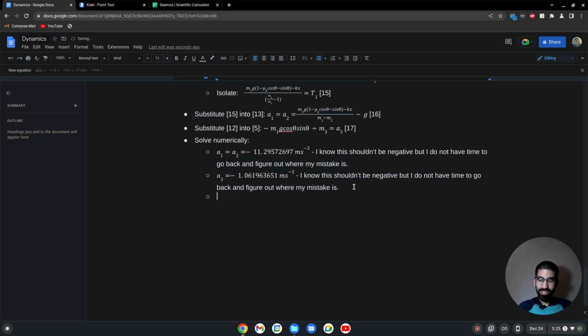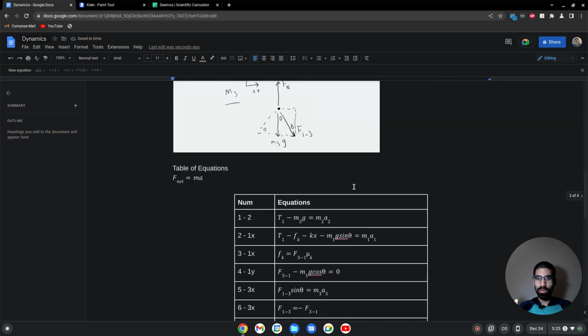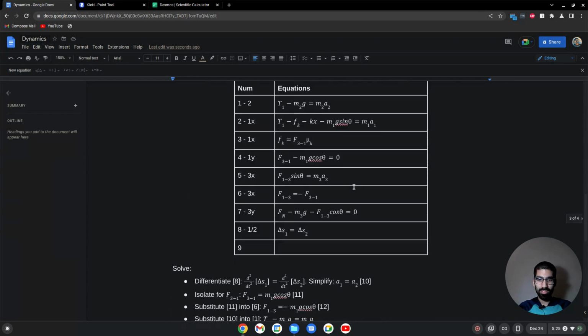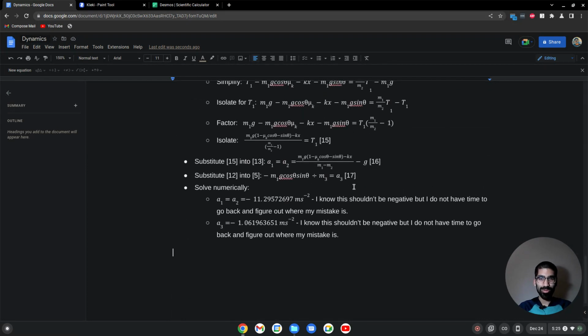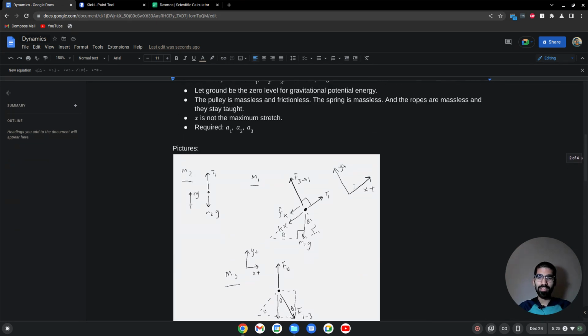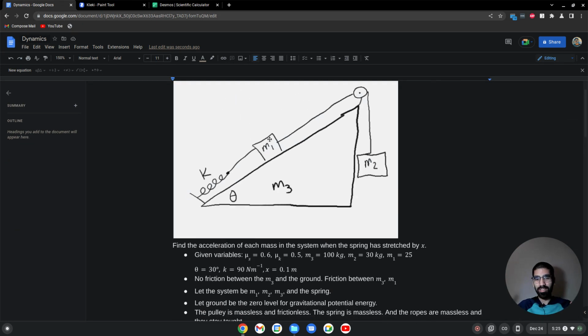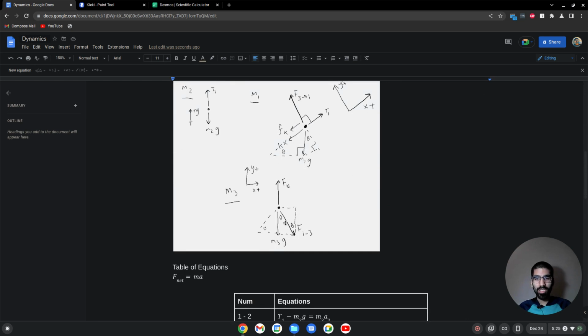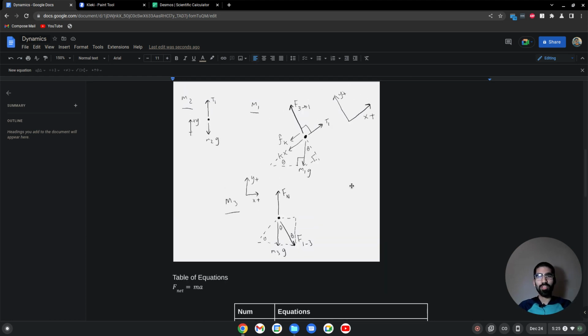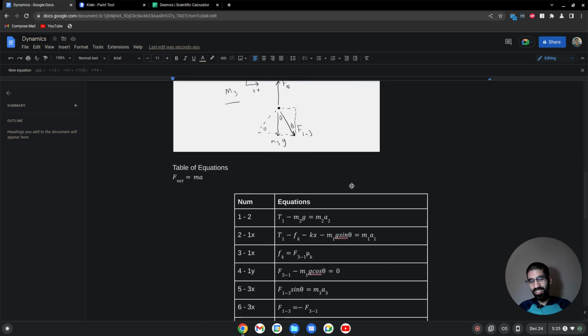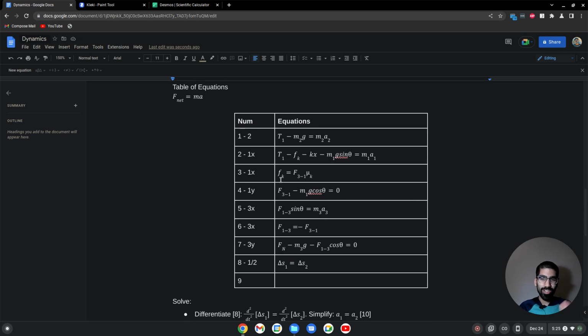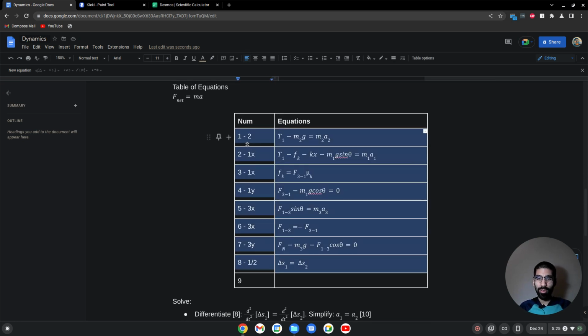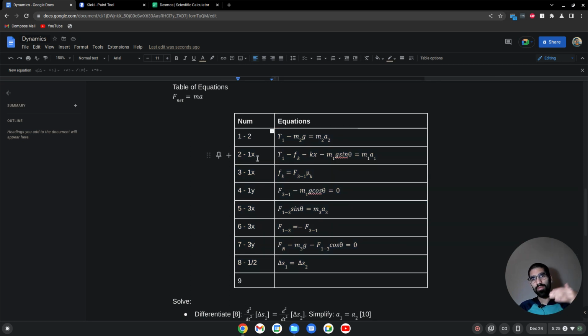So this is the general approach for how we approach a big messy problem like this. Somewhere along the way I made a mistake. I'm not sure where it is right now. However, the key part is take this big messy thing, split it up into different objects with different directions of motion, and after you do so much physics that you can't speak English properly anymore, make a table of equations with each equation for a different axis and object.